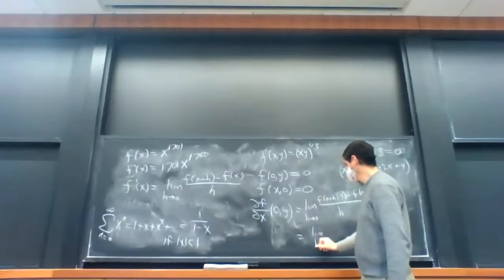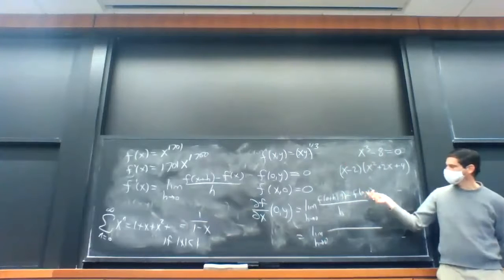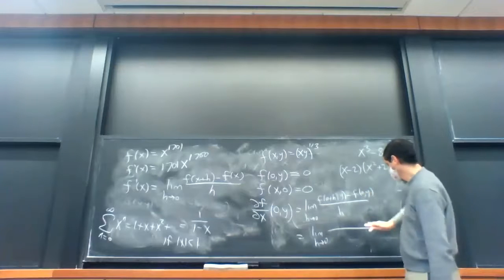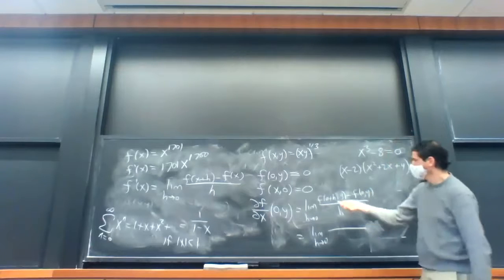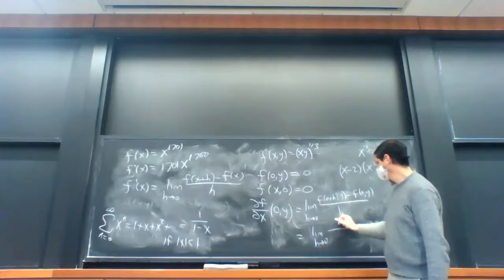What is f of 0, y? 0. Okay. So I don't even have to worry about that term. 0 plus h times y, this is just going to be h y to the 1/3 divided by h.